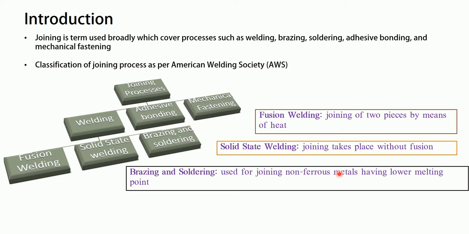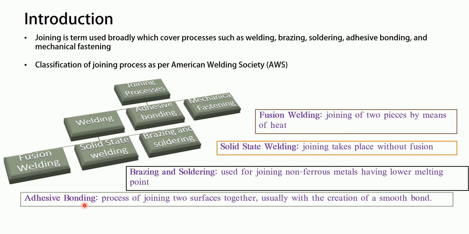Like that, for the joining of two pieces made from materials having a lower melting point, the brazing and soldering processes are used. If we compare the two, brazing is used when the melting temperature of the materials to be joined is more than 400 degrees Celsius, and if it is less than 400 degrees Celsius, the joining process used there is generally called soldering.